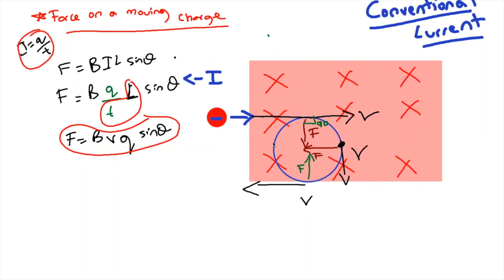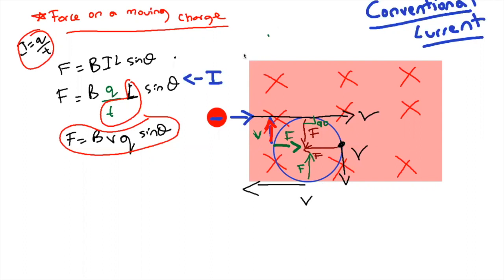Over here, force is towards the center, and velocity is upwards, right? We're not concerned about what happens next. We're only concerned about how it made a circle. So this is V, and this is F. I hope that makes sense.